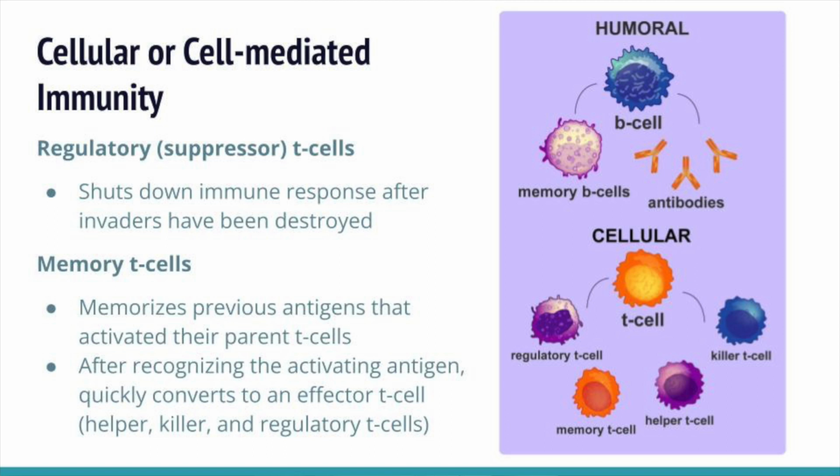So those memory T cells will remember that antigen, and if they come across it again, once they recognize that antigen, they quickly convert to an effector T cell. So this is really interesting. The memory T cell remembers what it is for future immunity, and once they recognize it, they can change into whatever cell they need to be, a helper cell, a killer cell, or a regulatory cell.